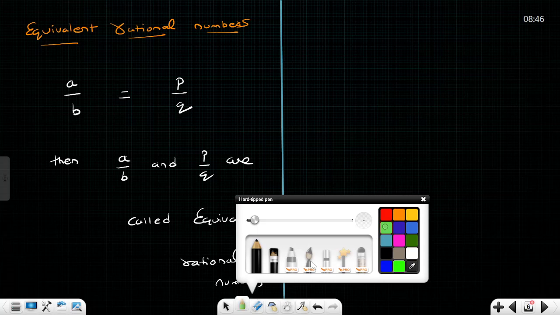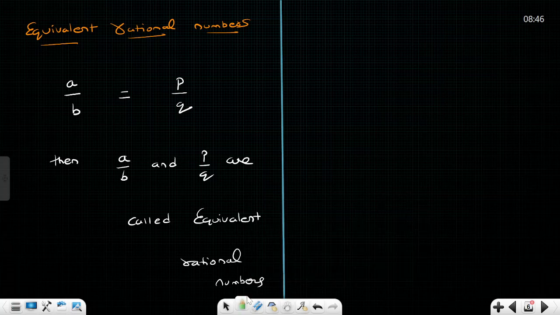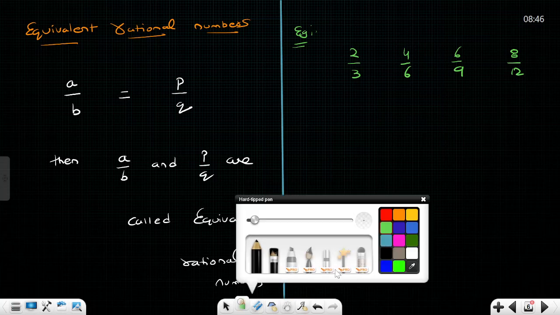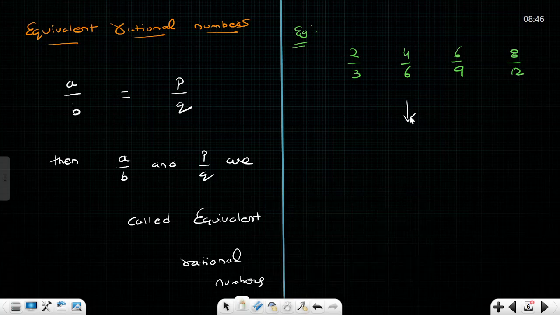Simple and clear, right? Now the next point, I want to give some examples to you. Let's take 2 by 3, 4 by 6, 6 by 9, 8 by 12. 4 by 6 after simplification, 2 2s, 2 3s, 2 by 3.